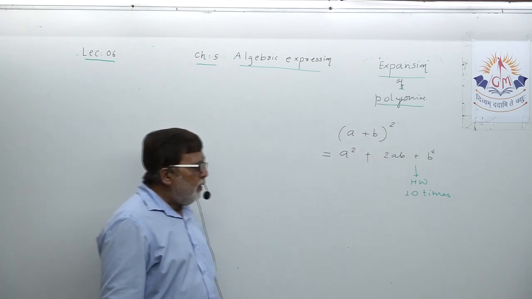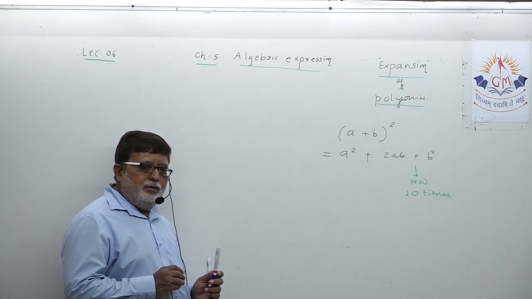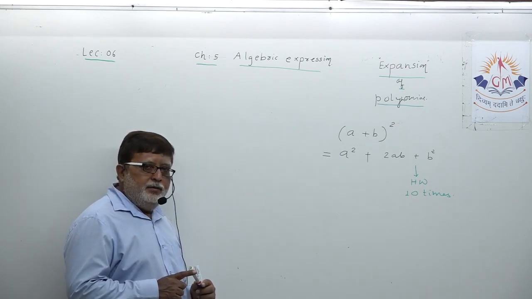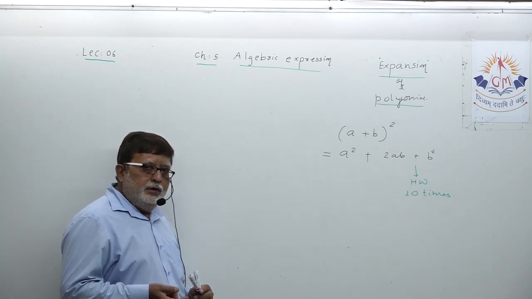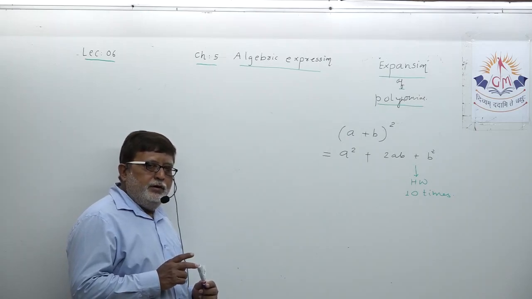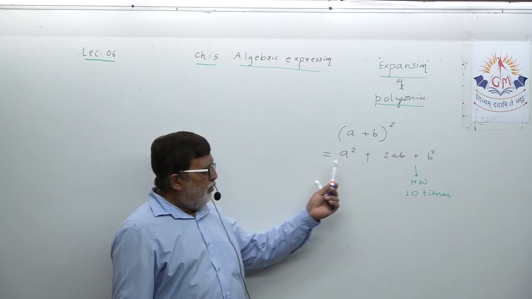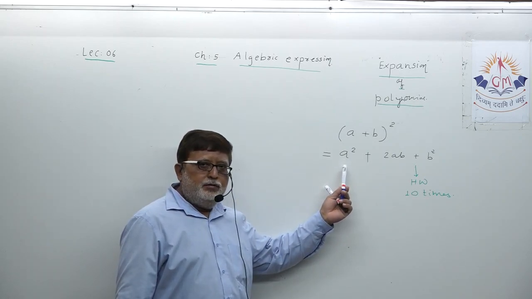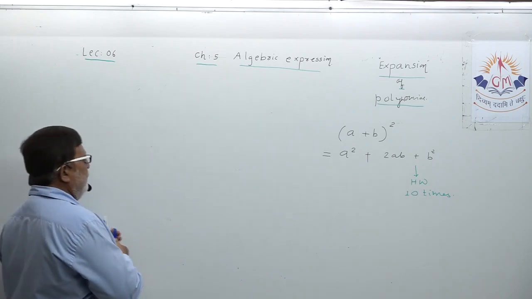So when you come across any particular example, in place of a and b, you may have some different term. You just have to compare what is a, what is b, and accordingly substitute the values of a as well as b in this expansion.